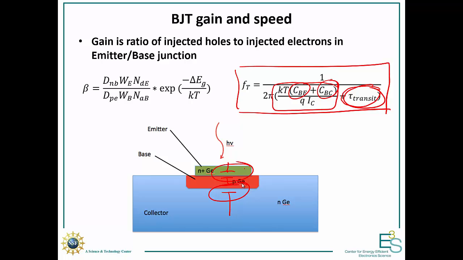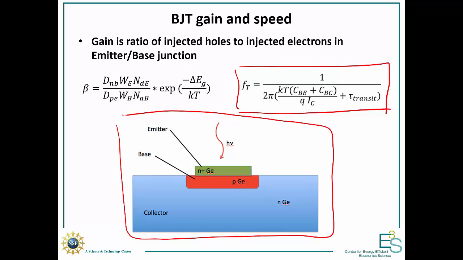So as we've said previously, we want to minimize as much as possible the capacitance of our detector in order to minimize the amount of energy we need to amplify the signal. Well, even if it's integrated into the transistor, that stays true. So we want to try and minimize, to make as small as possible, the emitter-base and the base-collector capacitance.